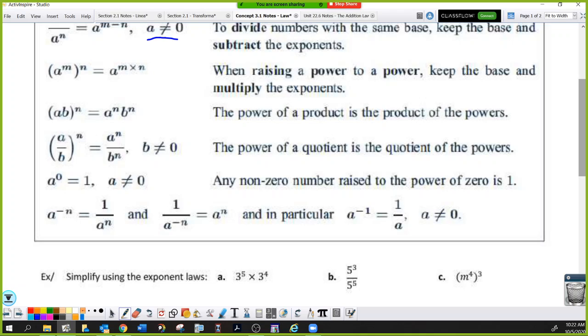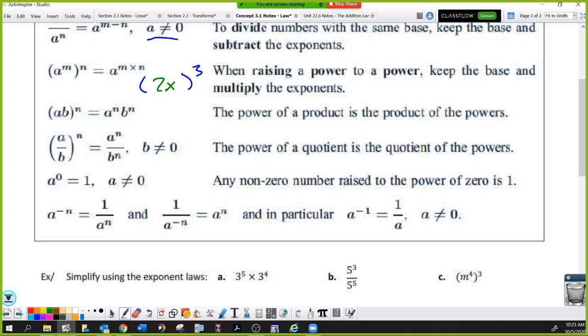So what I've done here is I've raised a product to an exponent. This is not x to the third plus 2 to the third, right? The reason why is because that x and that 2 are separated by a plus or a minus sign. But if that plus sign was a multiplication dot, and it just said 2x, well then yeah, both the 2 and the x get the exponent of 3.